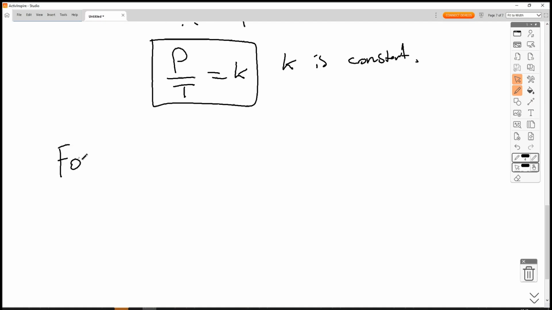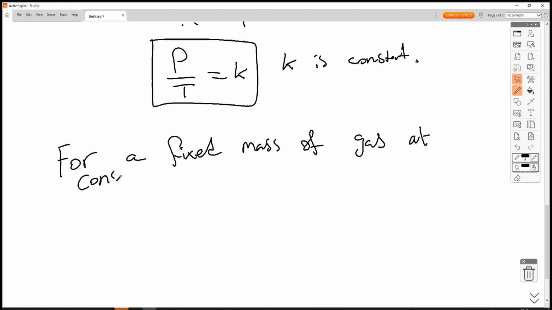So the pressure law is, for a fixed mass of gas, and in this case, the volume never changes. So for a fixed mass of gas at constant volume, pressure is directly proportional to temperature.